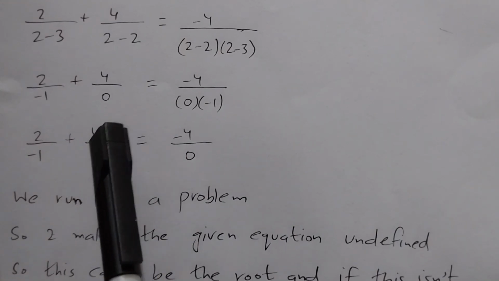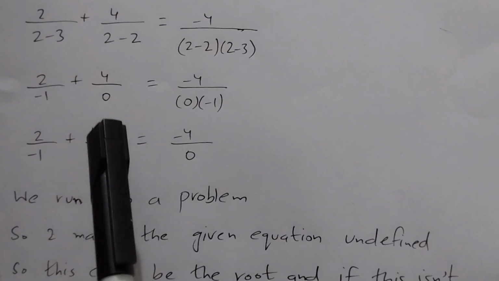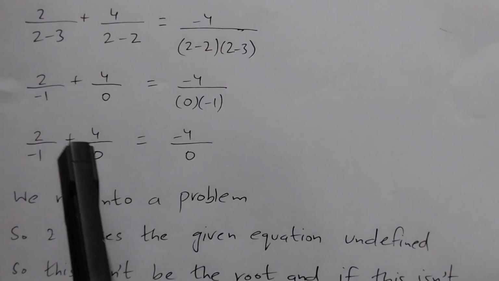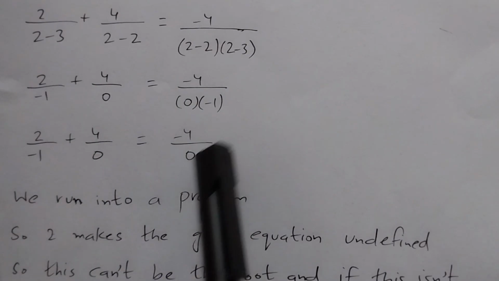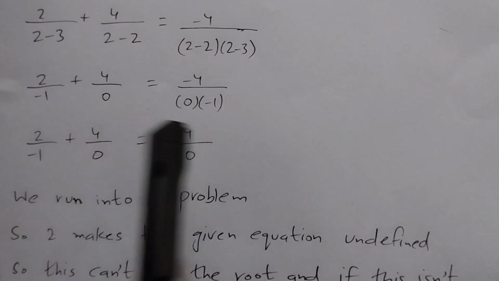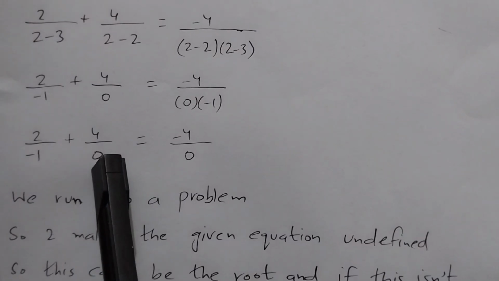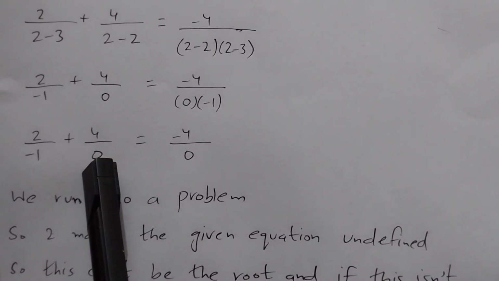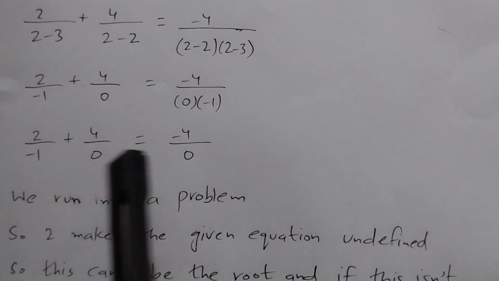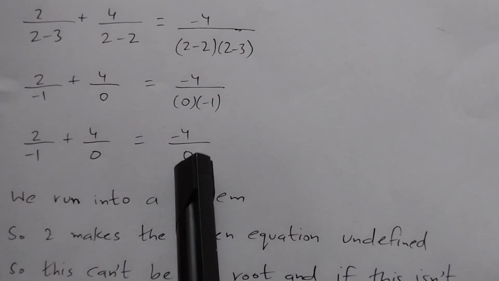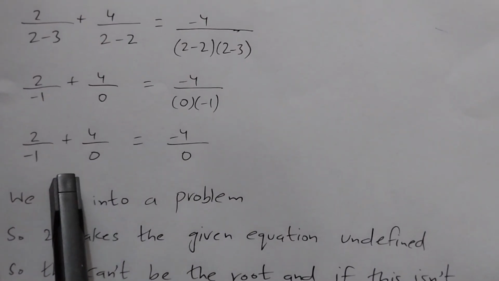So this is the problem basically, that when we put 2 in our given equation, which was the value of x which we got from that quadratic equation, the equation in our question becomes undefined, because we get 0 in the denominator. On the left hand side we get the denominator equal to 0, and on the right hand side we also get the denominator equal to 0, and this is the problem.